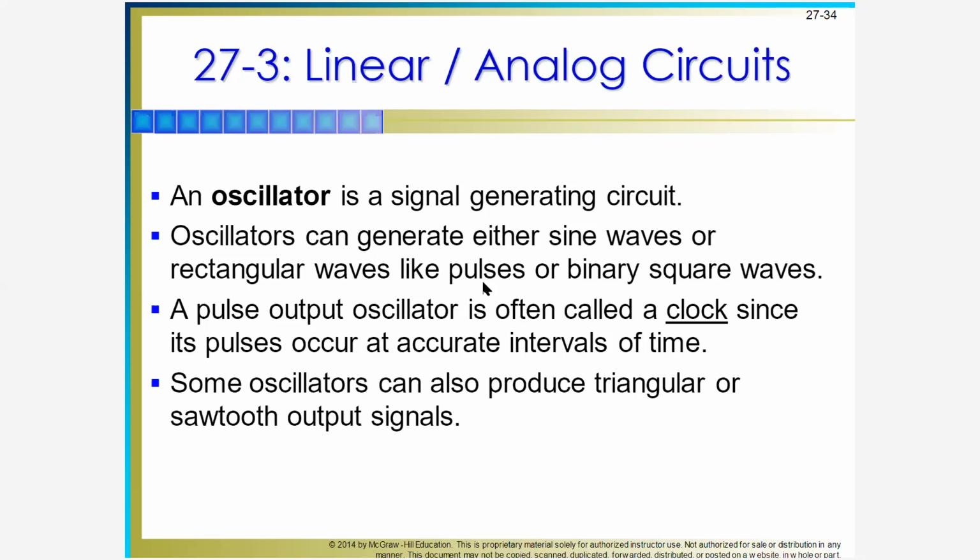A pulse output oscillator is often called a clock since its pulses occur at accurate intervals of time. Some oscillators can also produce triangular or sawtooth output signals.